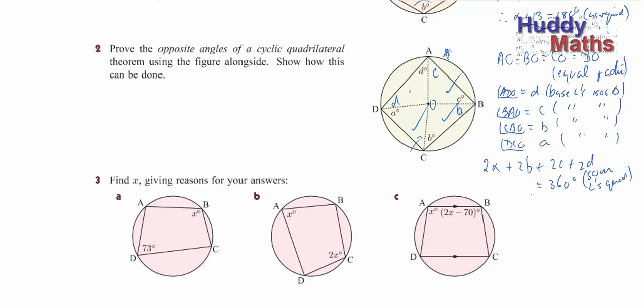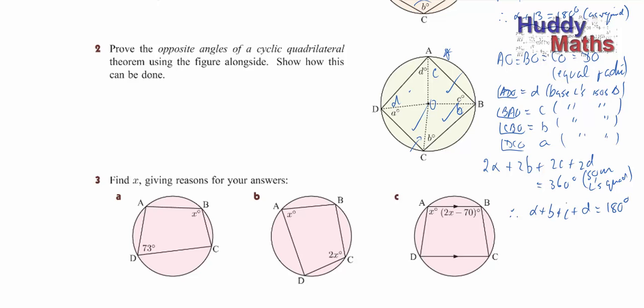Therefore, what can we say now? We can say that 2 times alpha plus beta plus C plus D is 180.